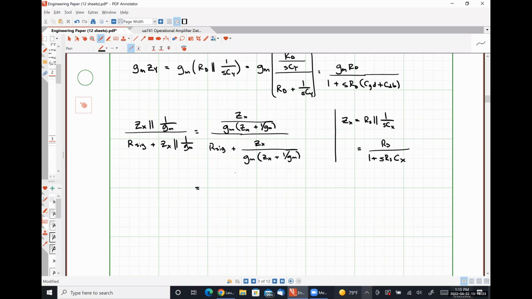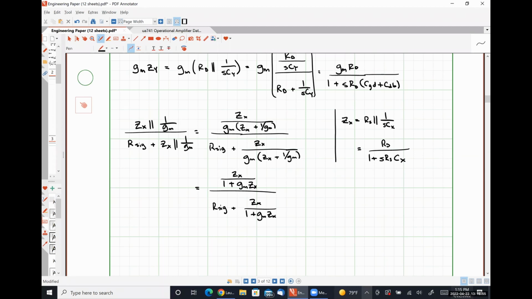So this is going to be CX divided by 1 plus GMZX over R sig plus ZX divided by 1 plus GMZX.